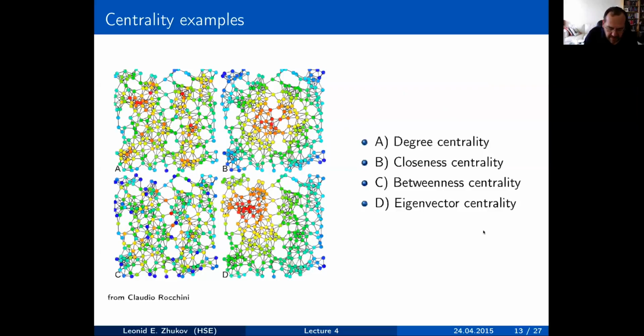And again, the first one here is degree centrality, color-coded proportional to the value of the centrality. And so, it picks up some nodes here and here that have lots and lots of local connections, and they have high degree centrality. Now, B gives us closeness centrality, and this is this diagram.